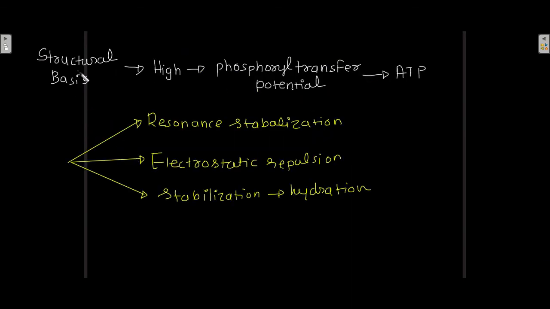Now the structural basis for the high phosphoryl transfer potential of ATP are resonance stabilization, electrostatic repulsion and stabilization due to hydration. Okay, these three things are the reason why ATP has a high phosphoryl transfer potential.